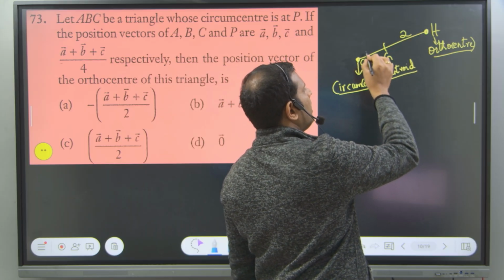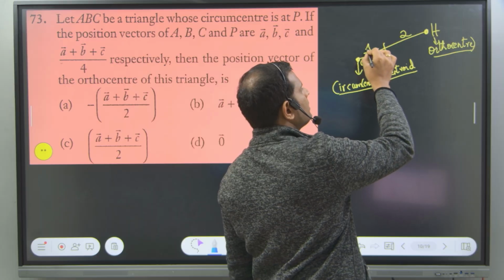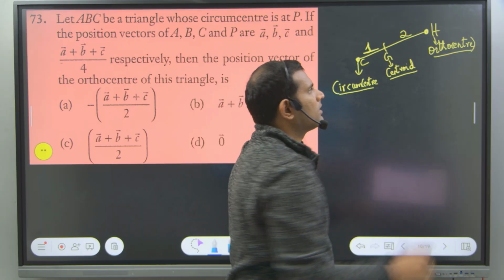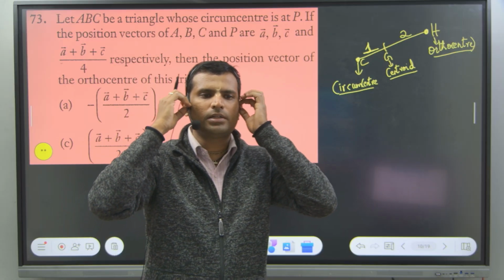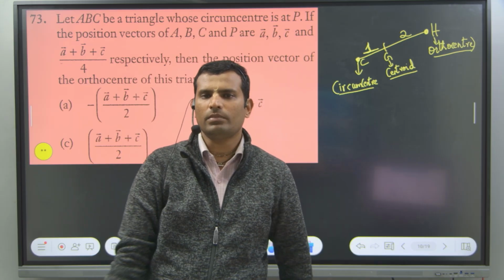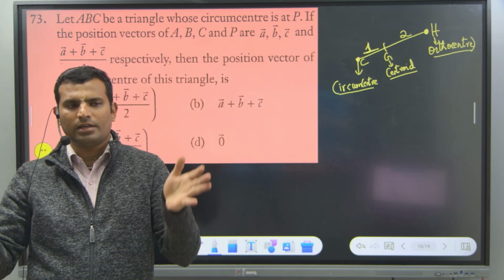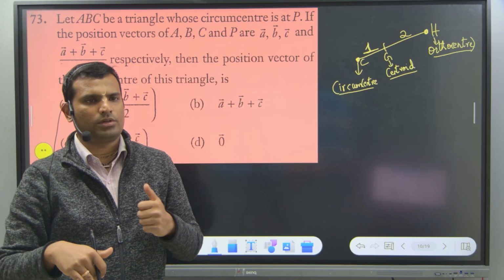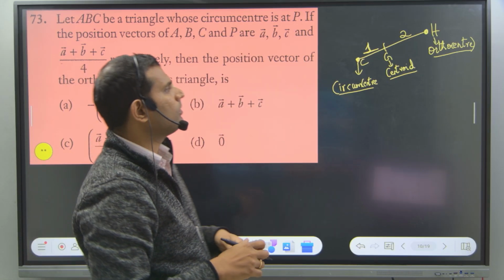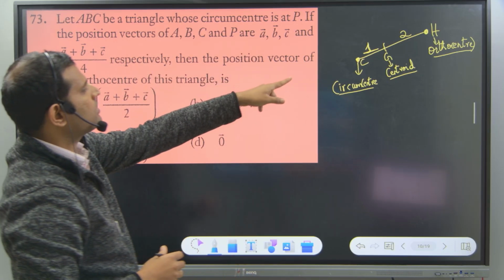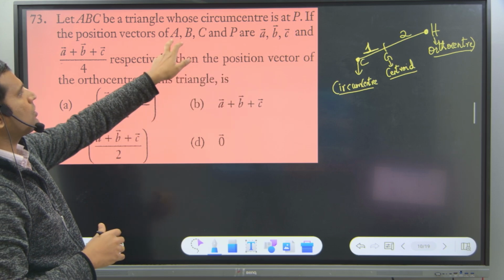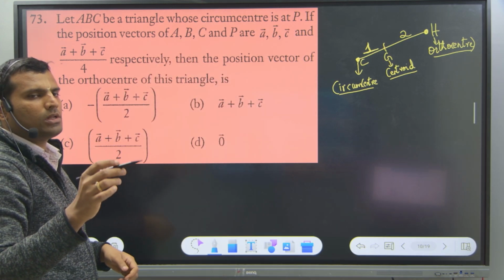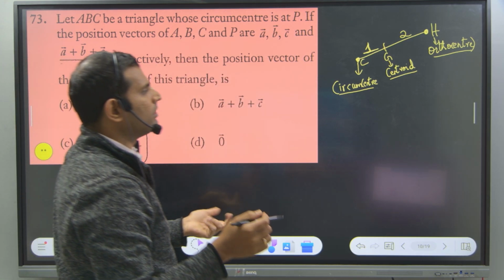Between C and G the distance will be how much? 1. Did you understand how to remember? Alphabetically they are near, but distance wise they are more. So now, based on this concept you should solve this question, and you should also know the section formula.